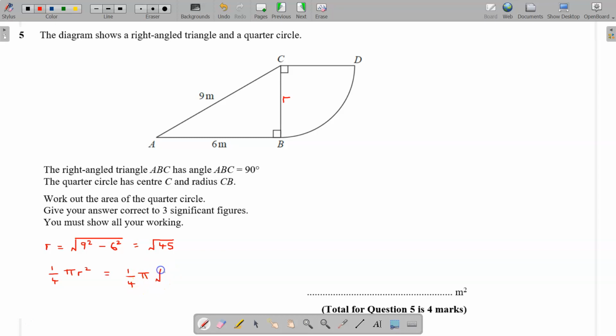So to show all our working, I'm going to put the root 45 and square it. But hopefully you can see that if you square the square root of 45, that is the same as 45. So we're left with 45 pi over 4.